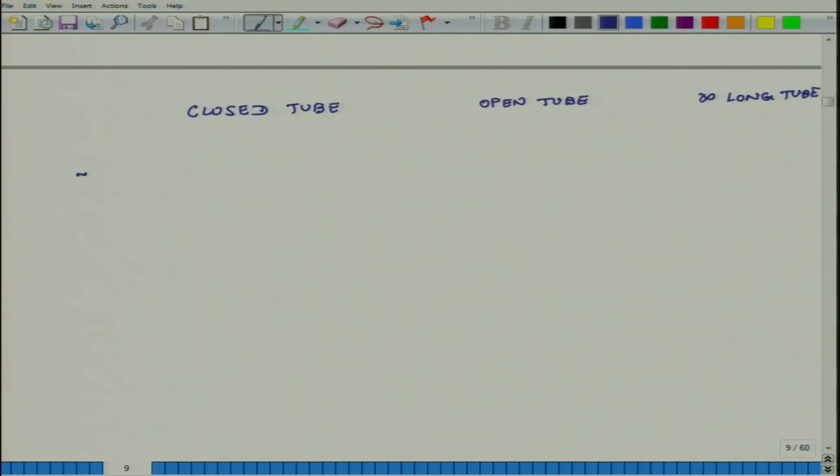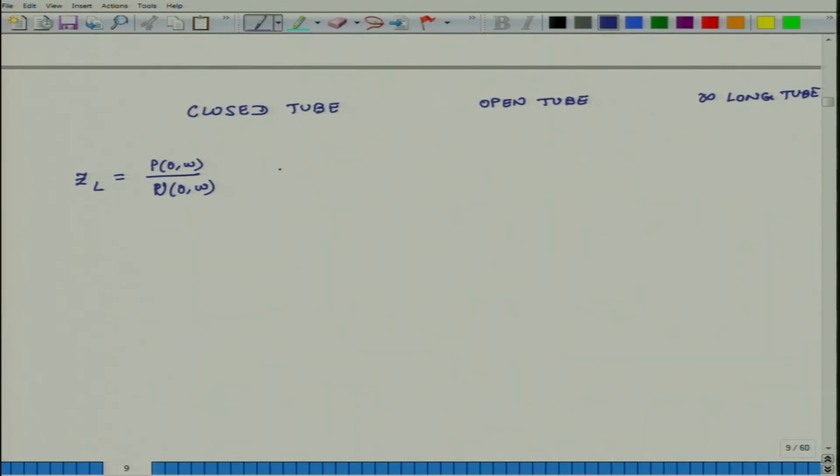So, first we are going to write down the value of ZL. Now, what is ZL, or specific acoustic impedance? In a closed tube at x equal to 0, what is the velocity? 0. In a closed tube the velocity at the closed boundary is 0.